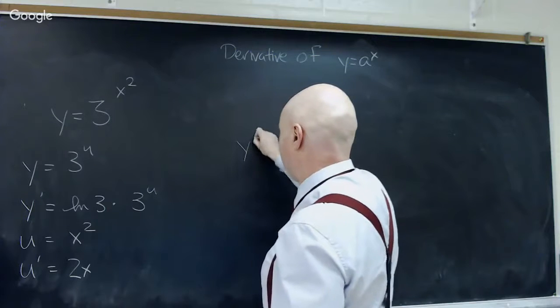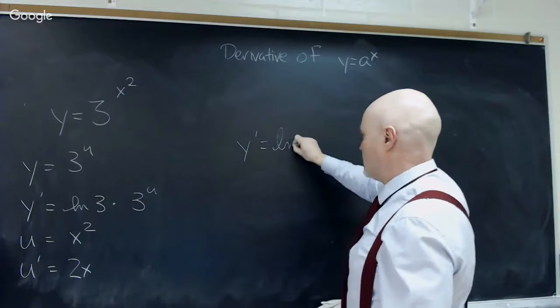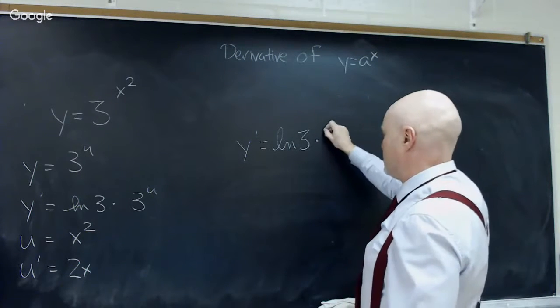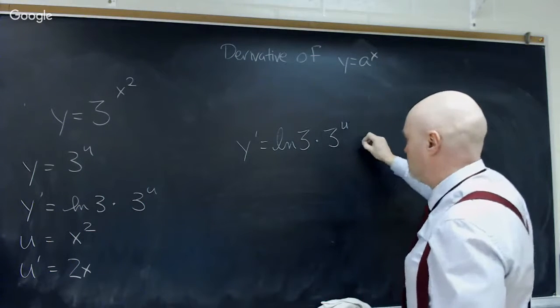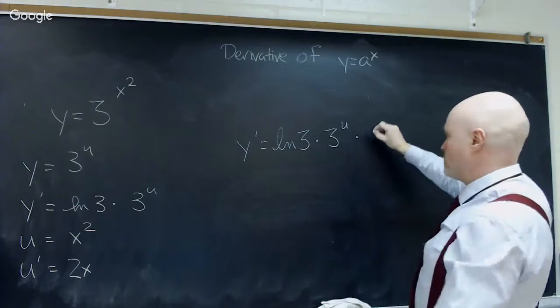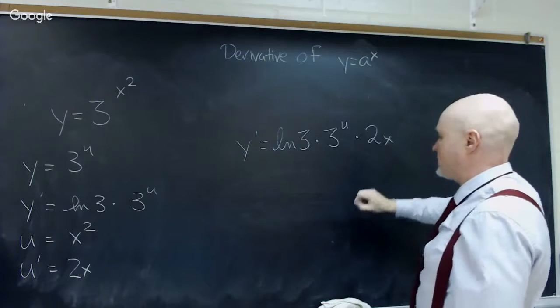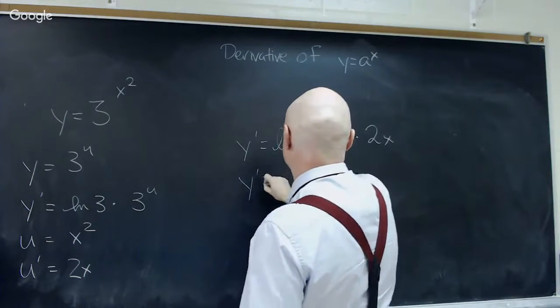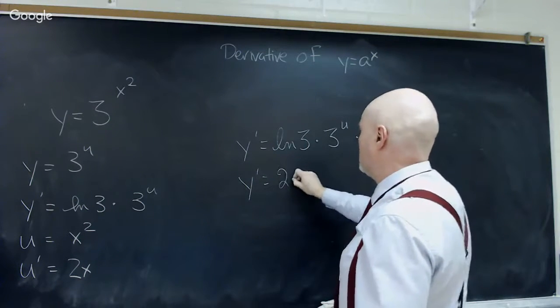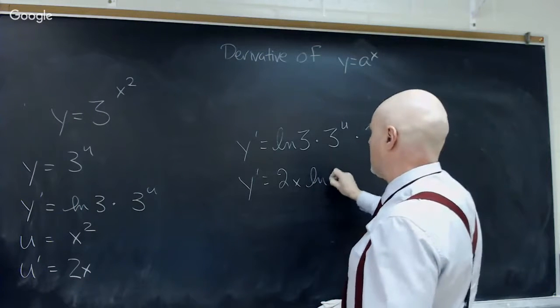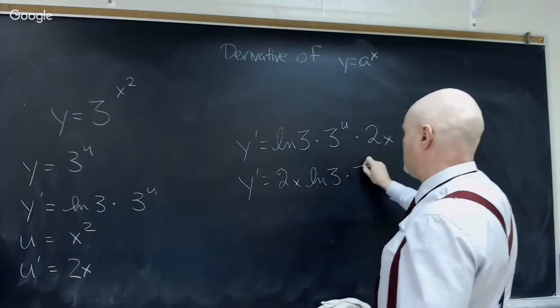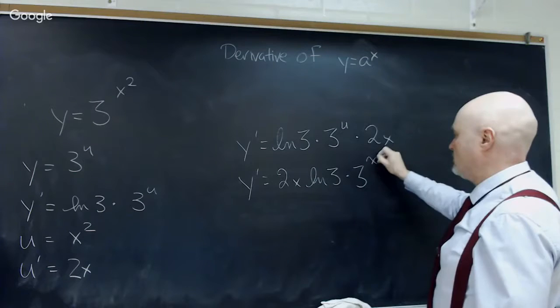And so y primed is the natural log of 3 times 3 to the exponent u times u primed, 2x. So y primed is equal to 2x natural log of 3 times 3 to the exponent x squared.